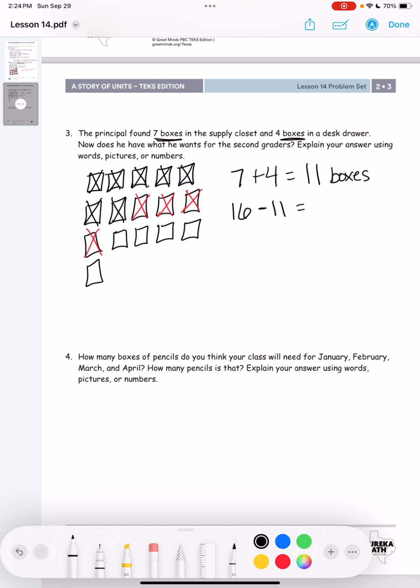Okay, our last one, number 4. How many boxes do you think your class will need for January, February, March, and April? How many pencils is that? And then explain your answer.